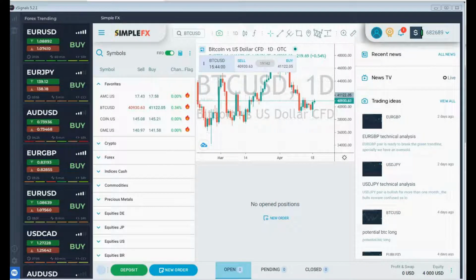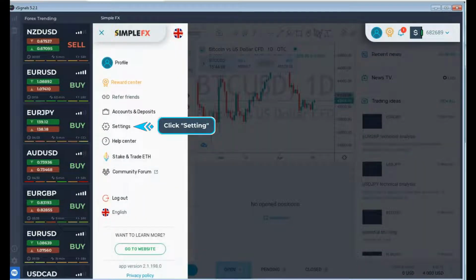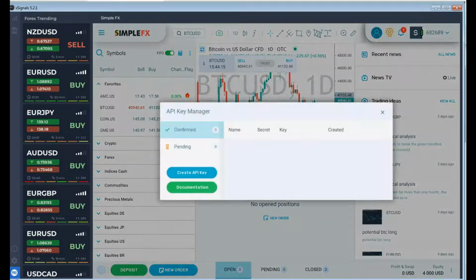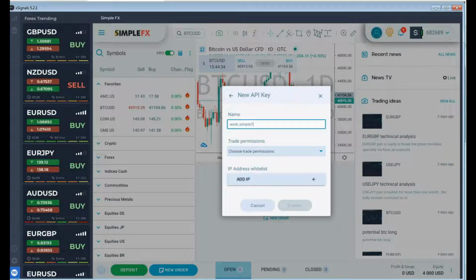We connect auto orders to the SimpleFX account. To do this, you need to get two unique API keys. The first will be the secret key, which you need to copy to any text editor.